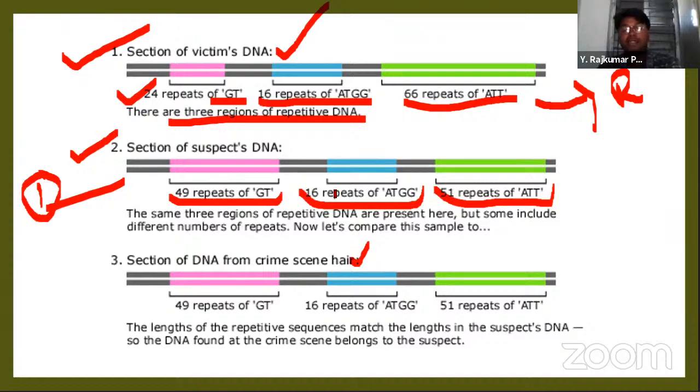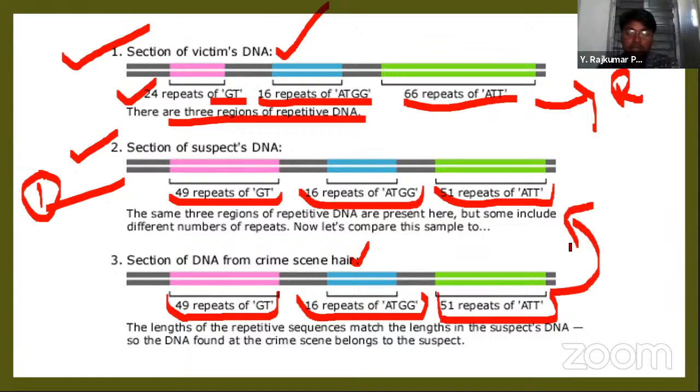You can see their genetic map contains 49 repeats of GT, 16 repeats of ATGG, and 51 repeats of ATT, which is actually matching the suspect's, isn't it?